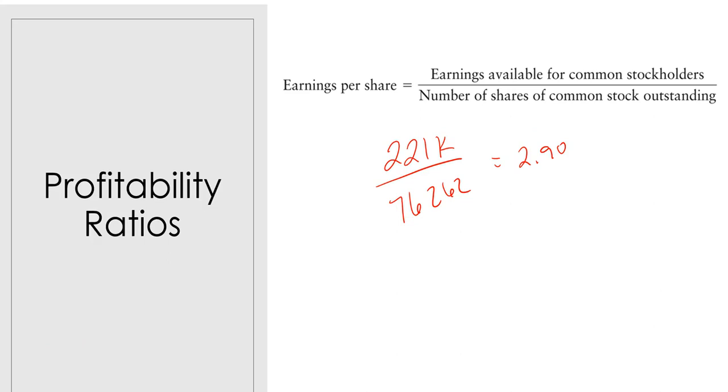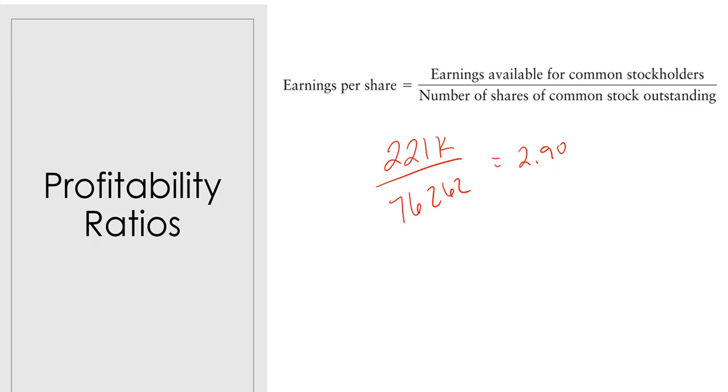So with earnings per share, higher is better, of course, but you do need to take into consideration the shares of stock outstanding, and with that, the potential for share dilution. So if new shares were issued, that would obviously result in a larger denominator, which would result in a lower earnings per share.